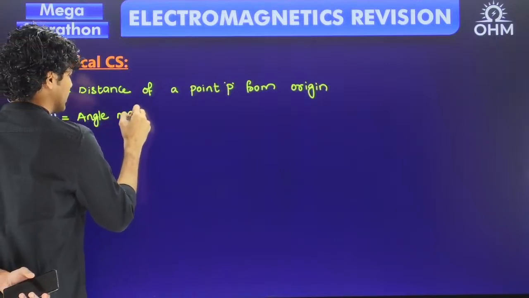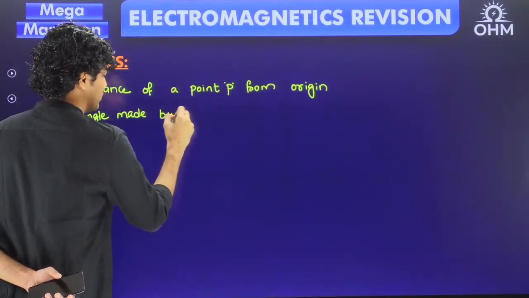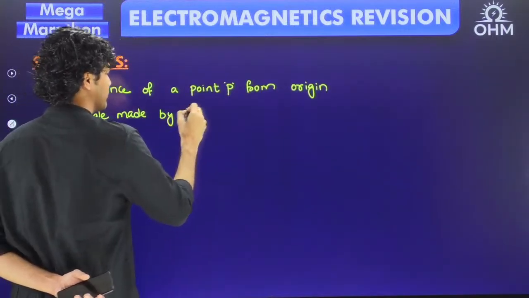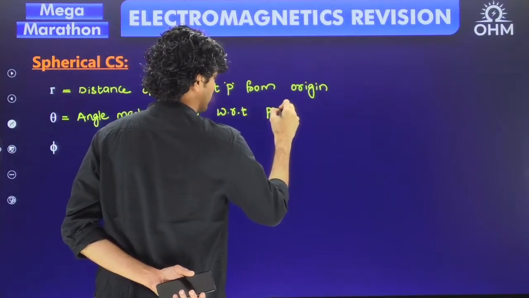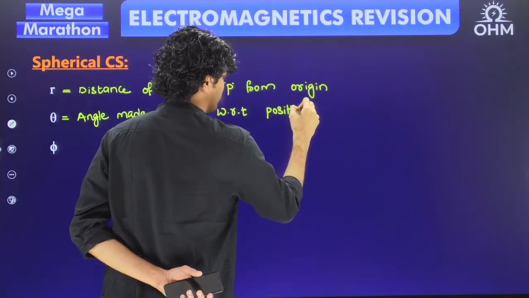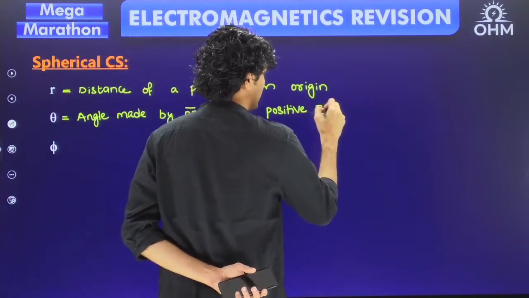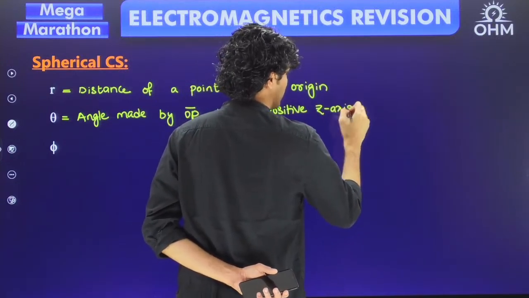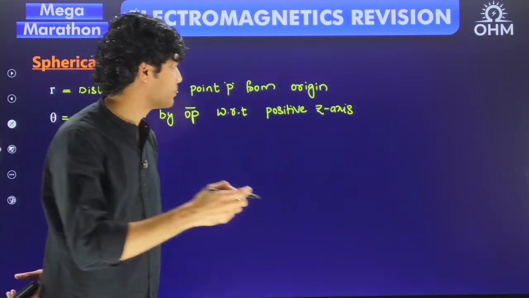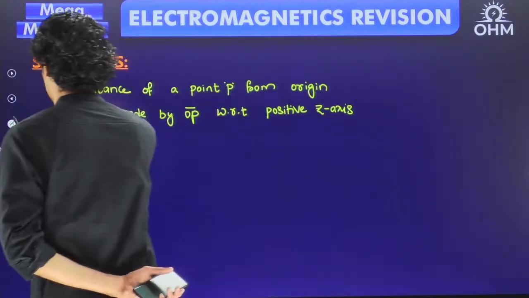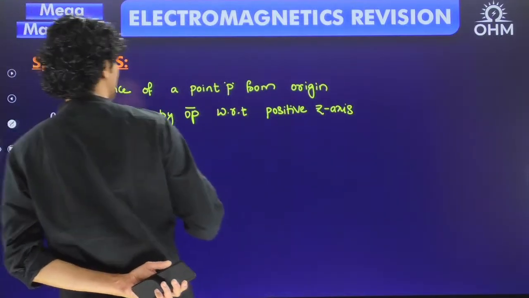the OP line segment with respect to the positive z axis. Okay, so let's assume a sphere reference or earth reference. In that context, north pole is the reference for theta.